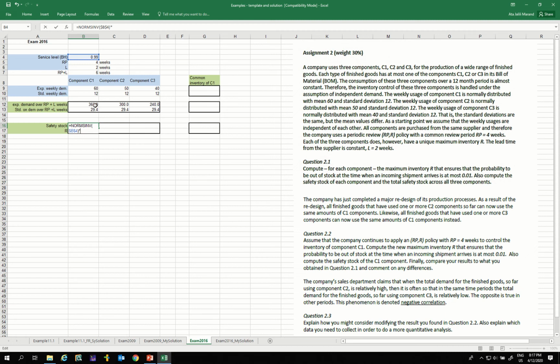So it will give us the safety stock for component 1, and we know the restocking level is the average demand during Rp plus L plus safety stock. We can do the same calculations for the other components and we will get these results.